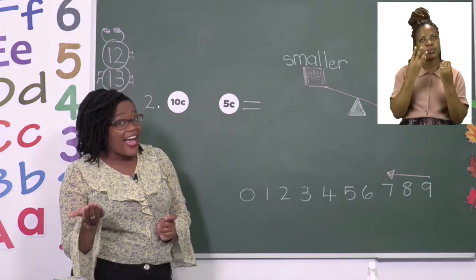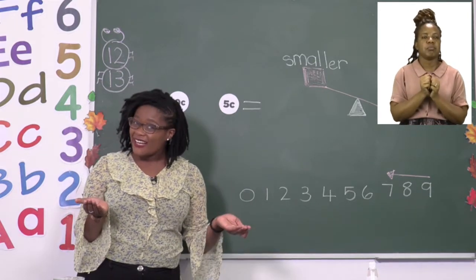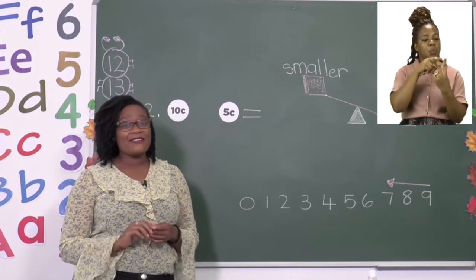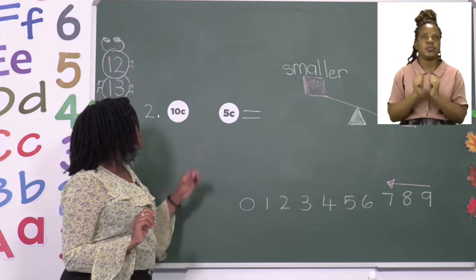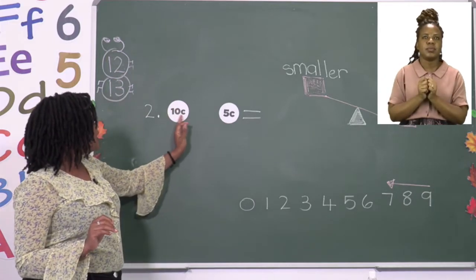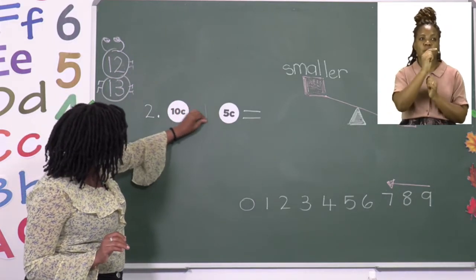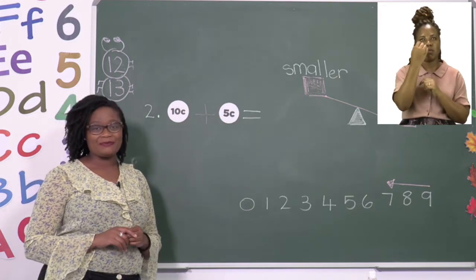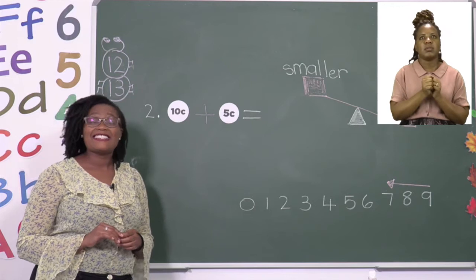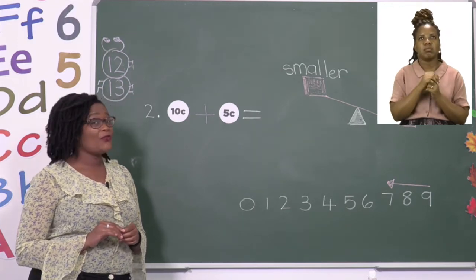So are we adding or are we subtracting? If you said that we are adding, well done, because we need to say 10 cents plus 5 cents to get our answer. And in this case, it is 10 plus 5.